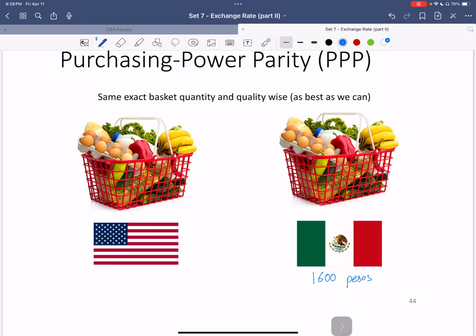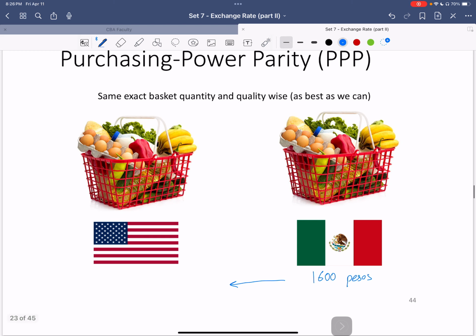You buy this for 1,600 pesos, and then take it to the US and sell it at $100, then convert it to pesos, and you will have 2,000 pesos. What happened here?